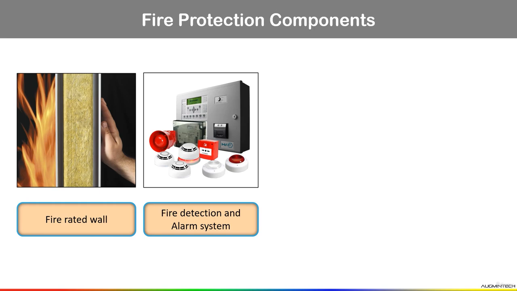It also gives a signal to the firefighting system to start working, either the automatic sprinkler system with the help of smoke detectors and heat detectors. These are all the fire detection or fire alarm system, either a smoke detector, heat detector, or manual call points. So this is about the fire alarm system.